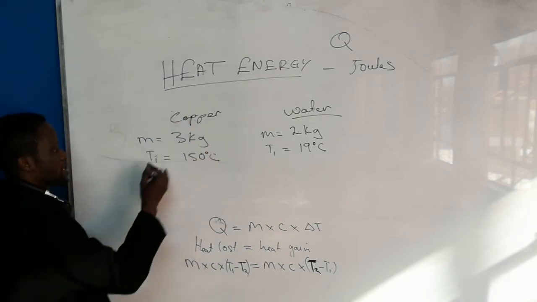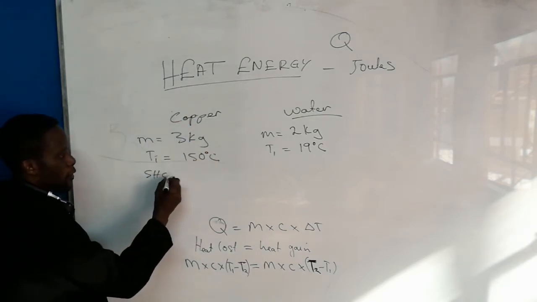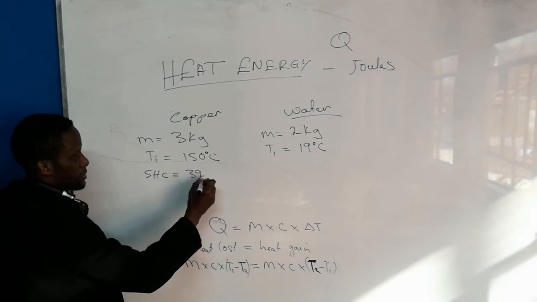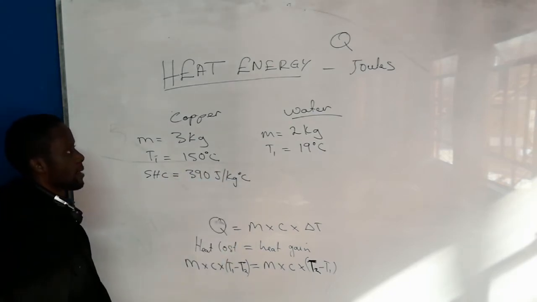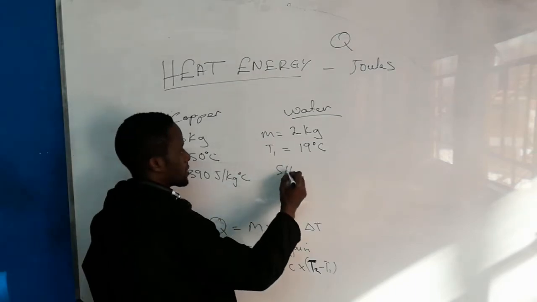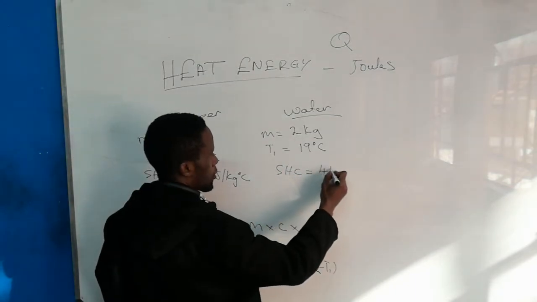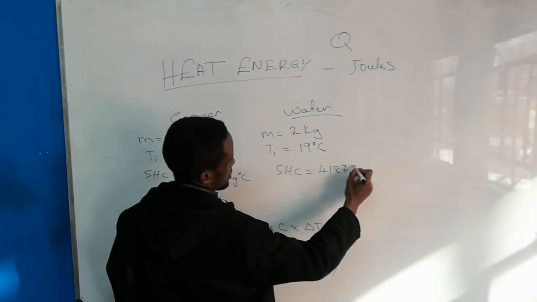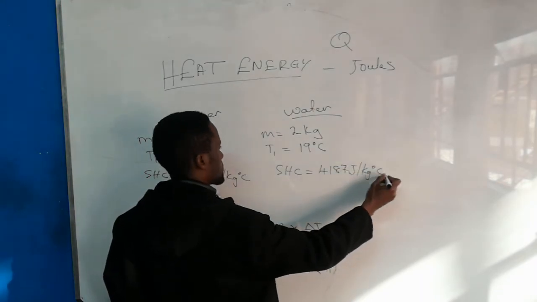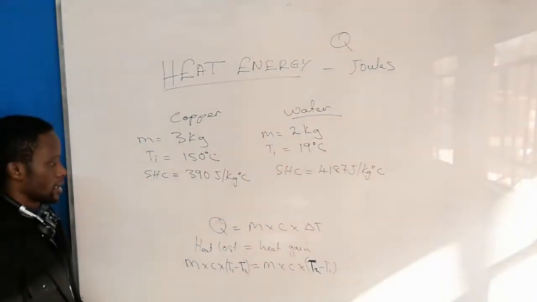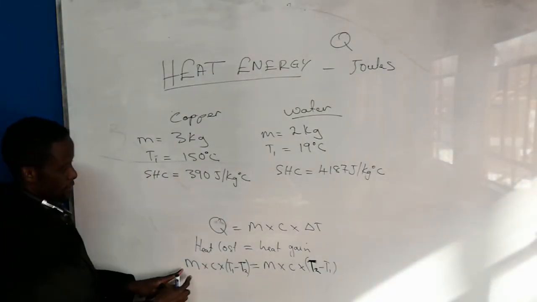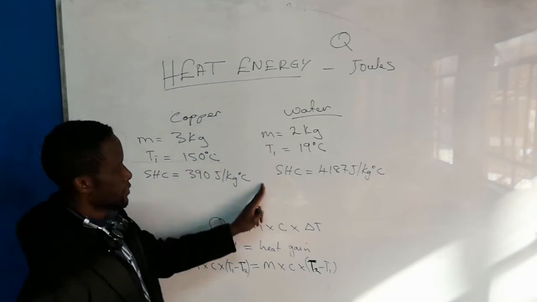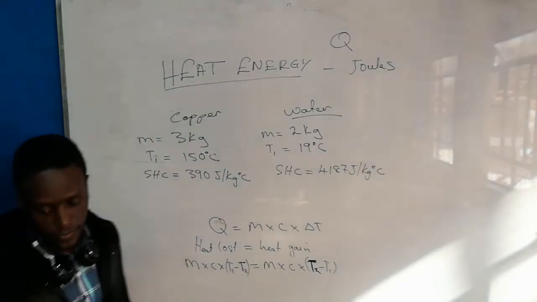You check the specific heat capacity for copper, which is 390 joules per kg degree Celsius. Specific heat capacity for water is 4187 joules per kg degree Celsius. Then we substitute this information for this side, and this information for the other side.